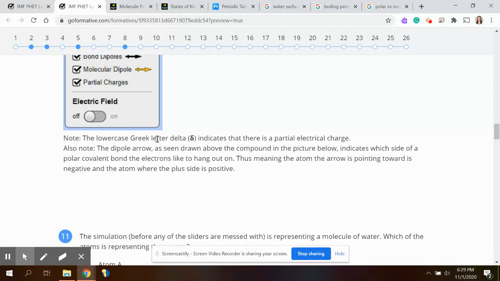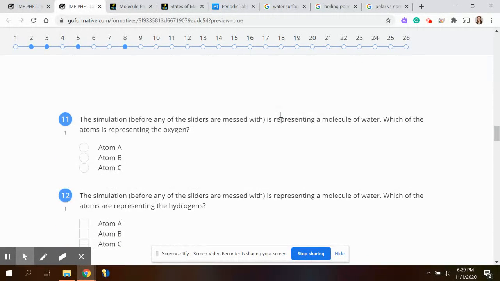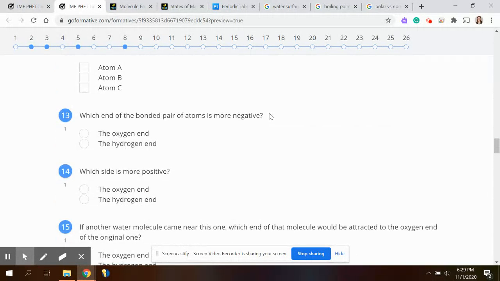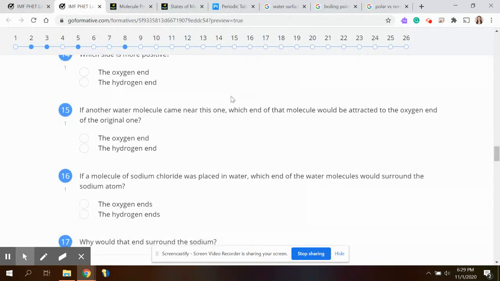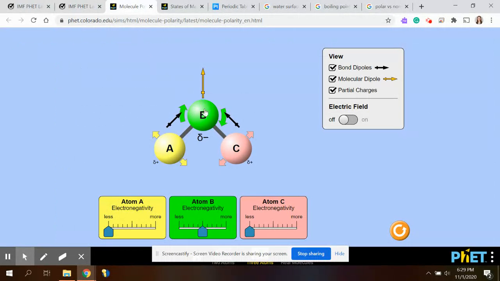Again, squiggly sign, Greek letter delta. There's a partial electric charge. All right, so first we go through and we basically say, this looks a lot like that oxygen, and this looks a little bit like hydrogens, and I would notice that this is more negative, and these are kind of positive, okay?